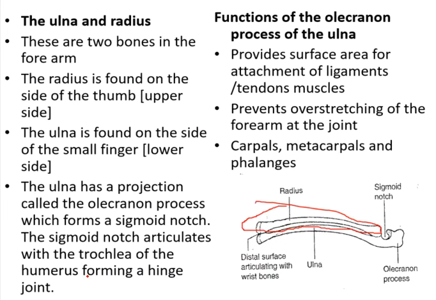And the ulna has a projection we call the olecranon process. We have this projection here, which is the olecranon process, which forms a sigmoid notch. We have the sigmoid notch here, which articulates with the trochlea of the humerus, forming a hinge joint, which allows movement in one direction.